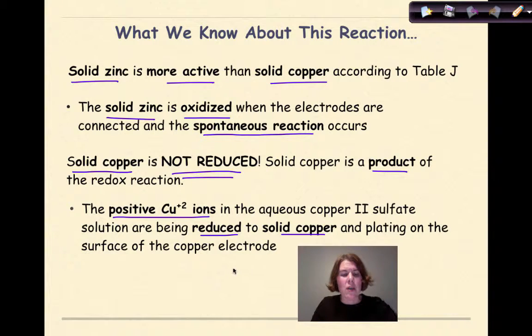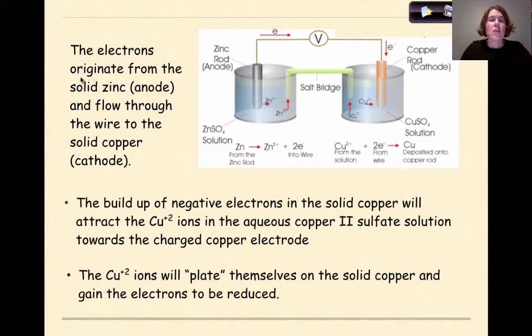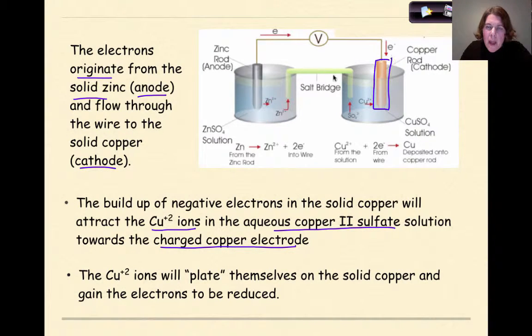This is really important. Again, the electrons originate from the solid zinc, our anode, flow through the wire to the solid copper cathode. The buildup of negative electrons in the solid copper will attract the copper+2 ions in the aqueous copper 2 sulfate solution towards the charged copper electrode. So this electrode right here, as all the electrons enter it, will suddenly have like this coating of negatively charged particles, negatively charged electrons.